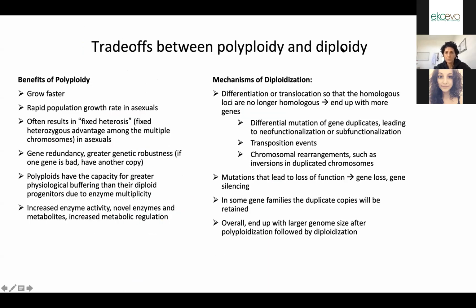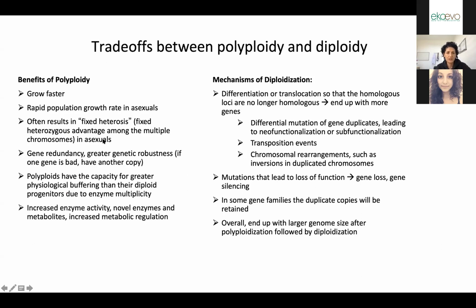And the trade-off between polyploidy and diploidy: of course, polyploid species have many genes. One of the most important advantages, I can say, is that when one gene copy is not working, they have many different copies of that gene, so it is easy to compensate for the gene that's not working.